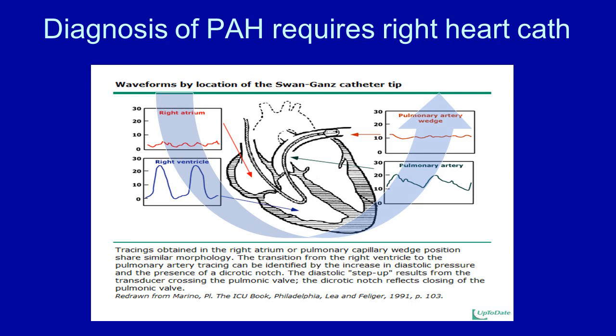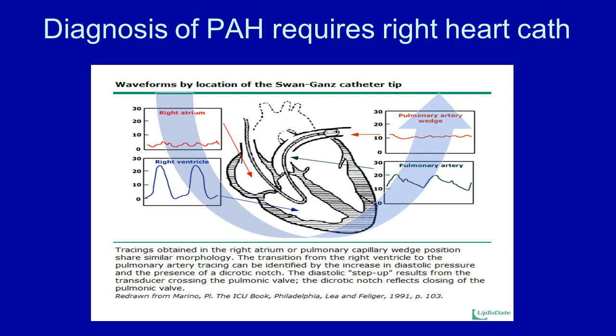In this patient, the pressures are normal with a RV systolic of about 25. It then crosses out the pulmonic valve into the pulmonary artery, and you see that pulmonary artery tracing where now you see a dicrotic notch, which is the pulmonic valve closure, and a slower descent, which is the capacitance of the pulmonary arterial bed.